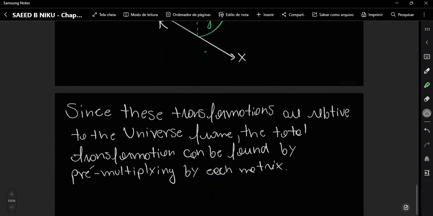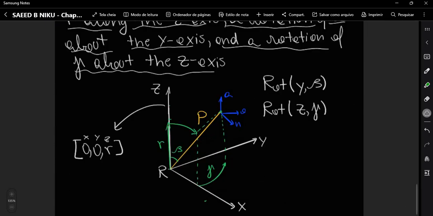And let me bring these other transformations.